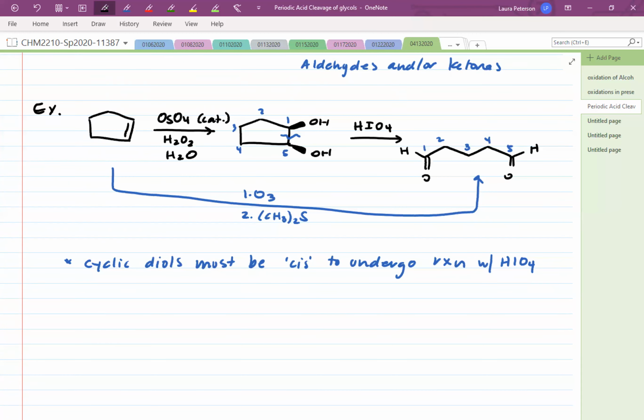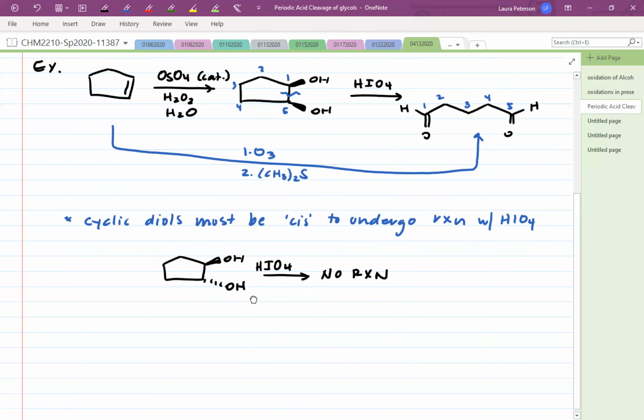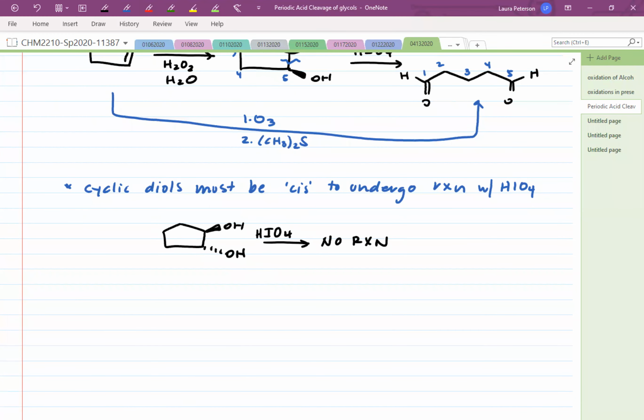So just to be clear about it, if we were to take that same starting material but look at the trans stereoisomer, we would predict no reaction with HIO4. Okay, so if they're trans, we get no reaction. And then linear alkanes, again, it doesn't matter what their orientation is because we can just freely rotate.